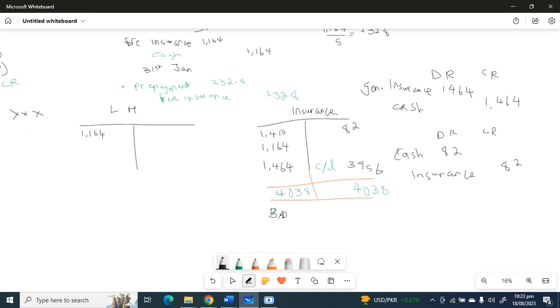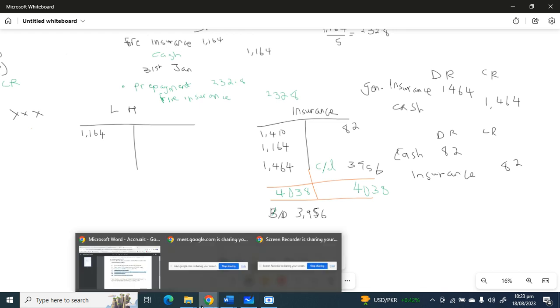And this is the balance for this account. Go to the next transactions.